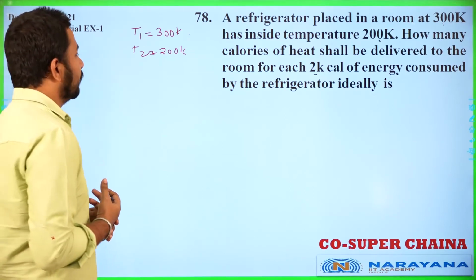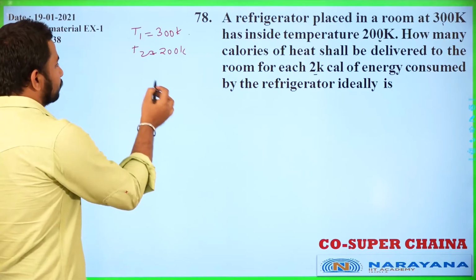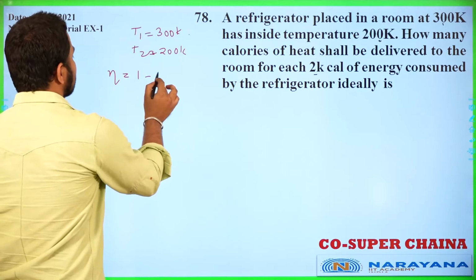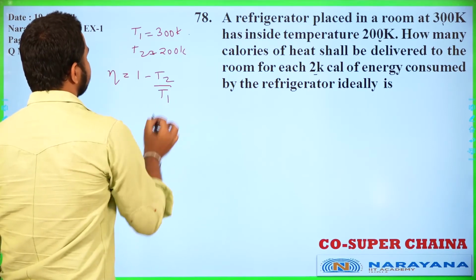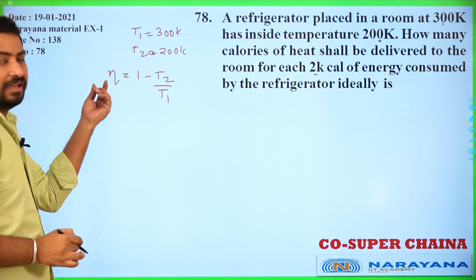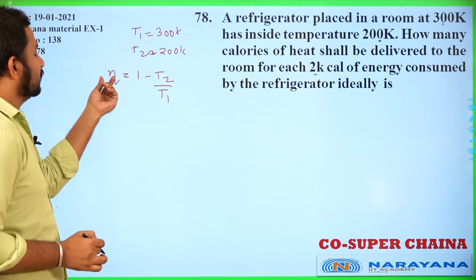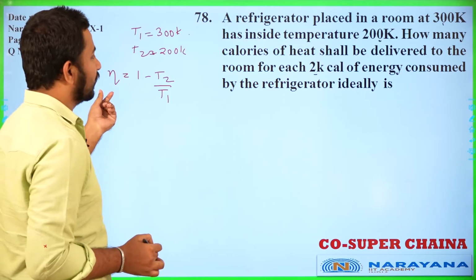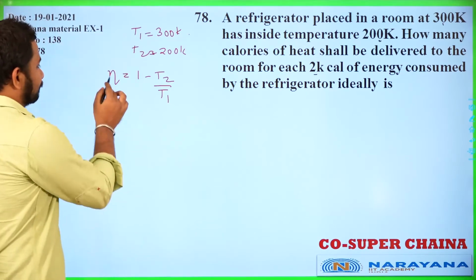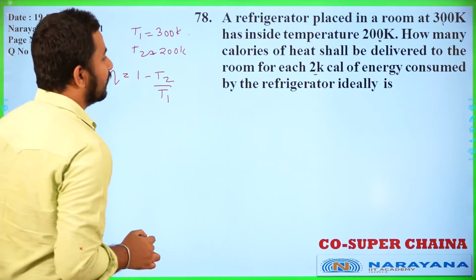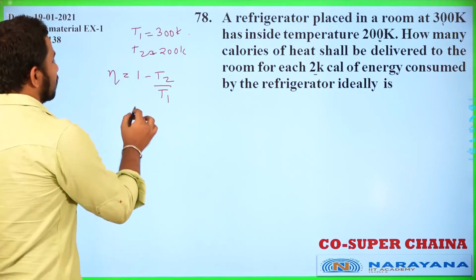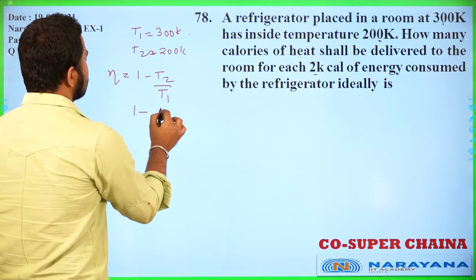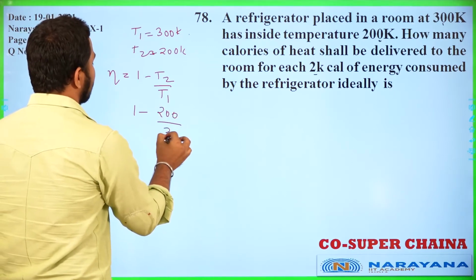So for the heat delivered, the efficiency can be written as 1 minus T2 by T1, and we can compare this with Q by W. So just substitute the values here: 1 minus 200 by 300.